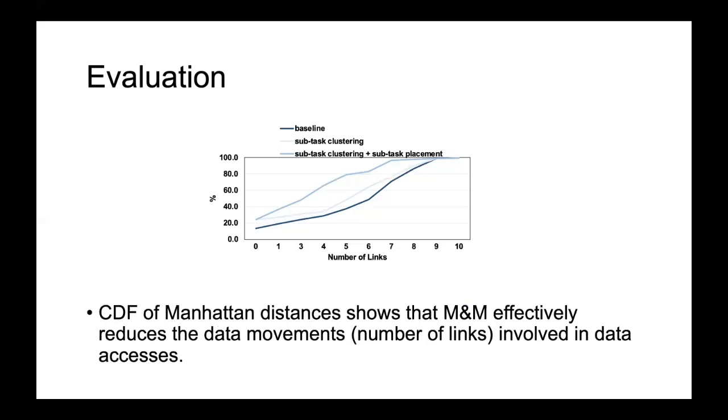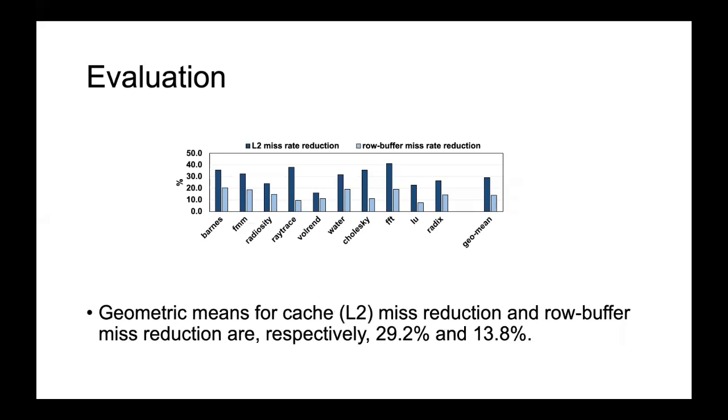To further understand where this performance gain comes from, we first perform a study of the CDF distribution of the Manhattan distance. Using this distribution, we can see that Mix and Match effectively reduces the data movement, basically the number of links involved in the data accesses. We also show the L2 miss reduction and the row buffer miss reduction.